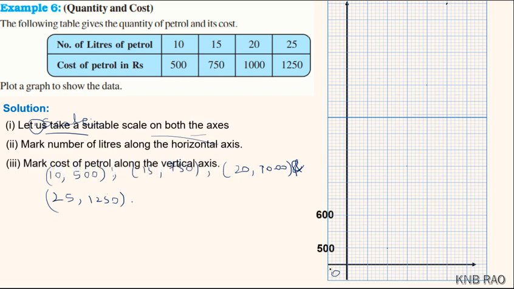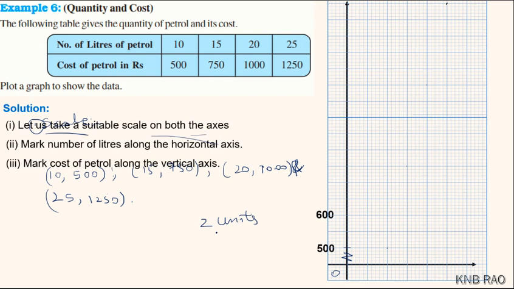Here I am taking on the vertical axis starting from this, in each unit I have got 5 subunits.